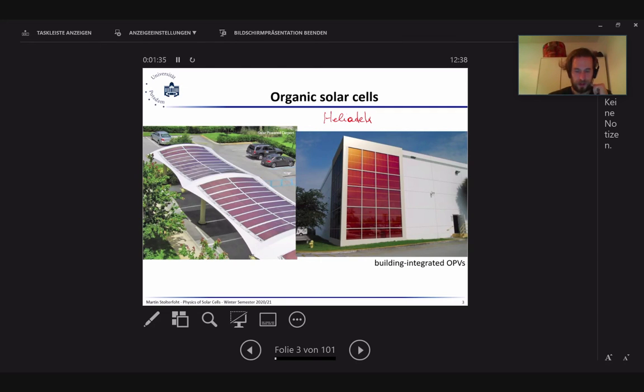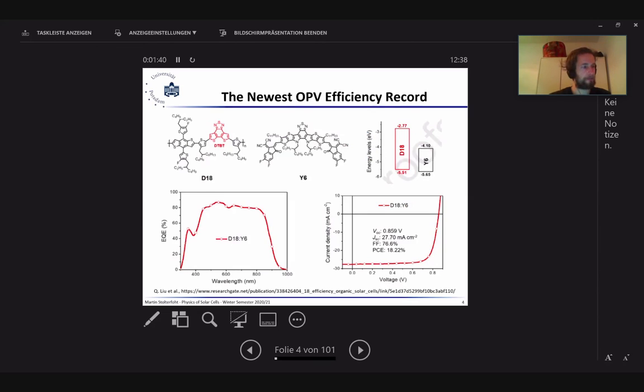So we will see how this company goes on. And they sublime the materials, as far as I know, and create triple junction cells with that. Anyway, here again, this is the example of the record single junction, D18Y6.